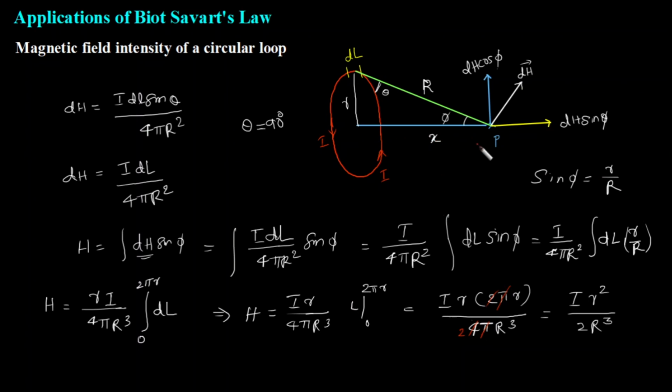You will say, I have a circular current loop of radius 2 meter and the current flowing is 5 ampere. You need to find the magnetic field intensity 10 meter away from the loop. That means x will be given to you. This capital R will not be given to you. So I should write this final expression in terms of x and r. Because r is constant, x is the only variable which will be known to you. So it is better to write in that form.